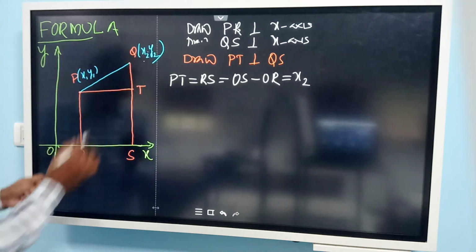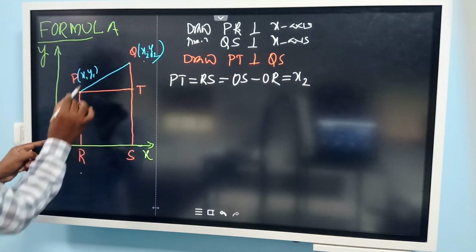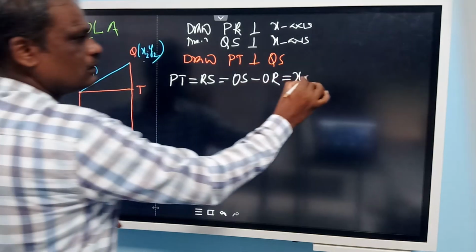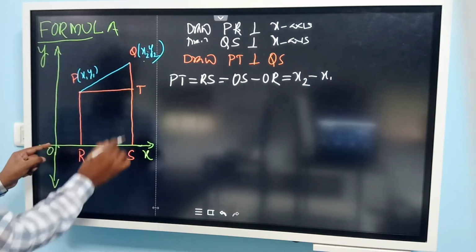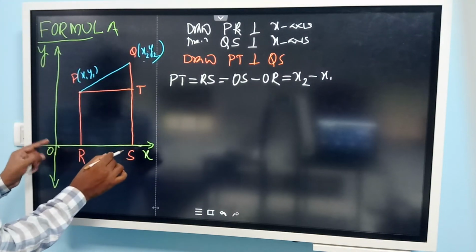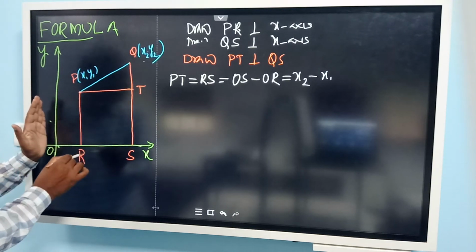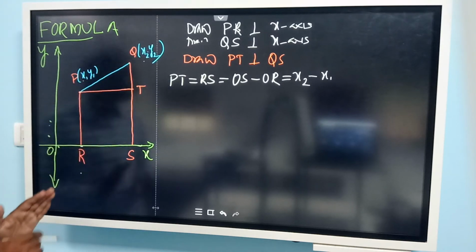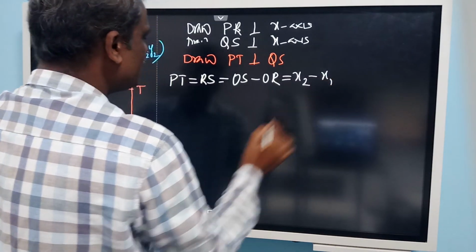Then OR, from here to here, along the x-axis, is x1. Is it clear? OS is the distance of point Q from the y-axis, and OR is the distance of point P from the y-axis. OR is x1, OS is x2. So PT is x2 minus x1.